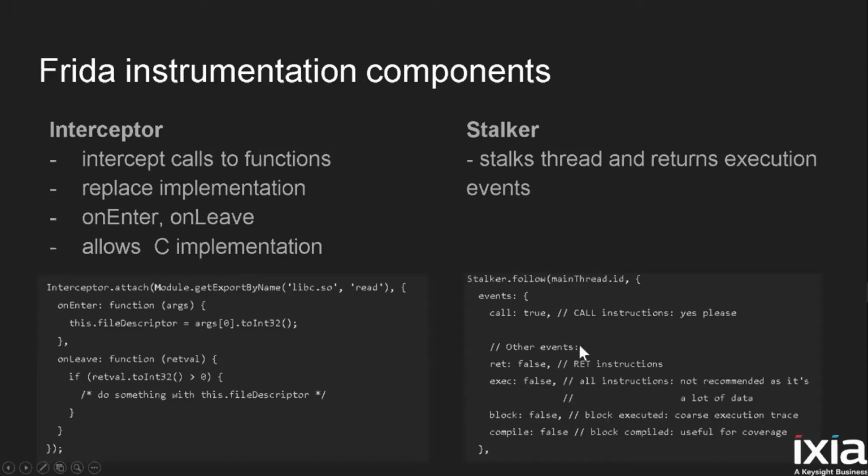We can also return all the instructions, but as you can imagine, that can be extremely slow. It can also return the blocks that were executed, with their virtual address, and the compile events. Those two can be used if you're trying to determine the coverage of a certain function or a certain component within the process of interest. So pretty cool stuff. It's pretty flexible, I would say.